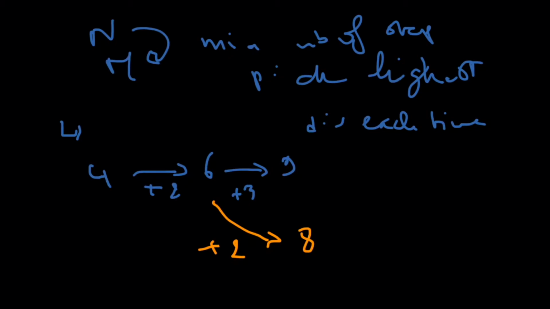And then we can continue. Here we have how many options? We can add 4 or 2, whichever one we want, but the highest one is 4. Just to simplify things, I'm going to go for this example, let's go from 4 to 12 and see how we can do that.